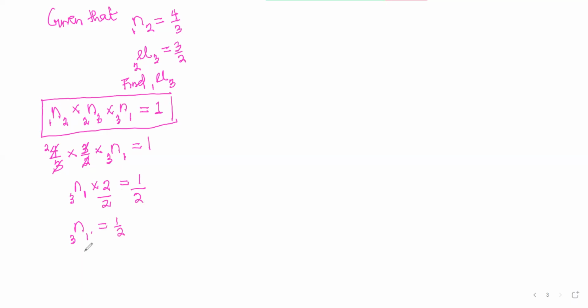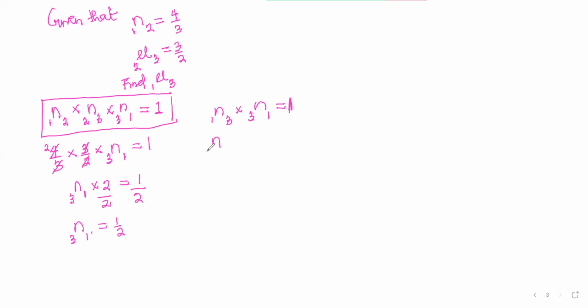This is the first step. The second step is that we've also learned that for any two composite media, the refractive index from 1 to 3 times its reverse refractive index 3 to 1, this product is also equal to 1. Now we have from 3 to 1, we can find from 1 to 3.